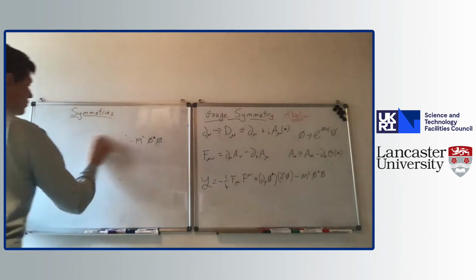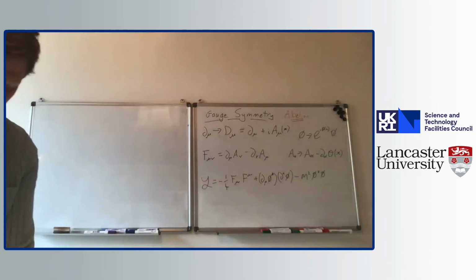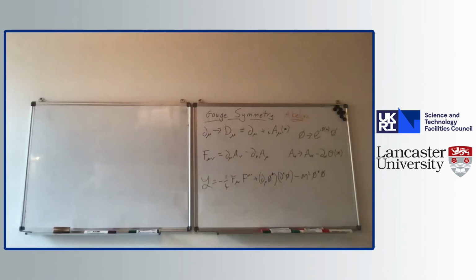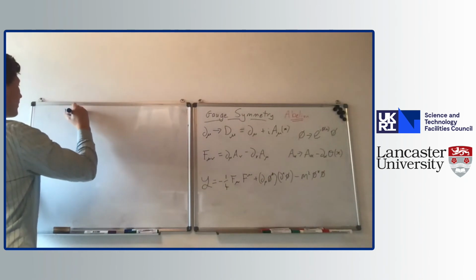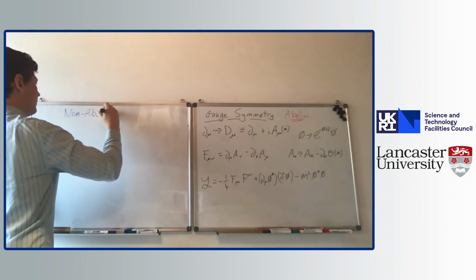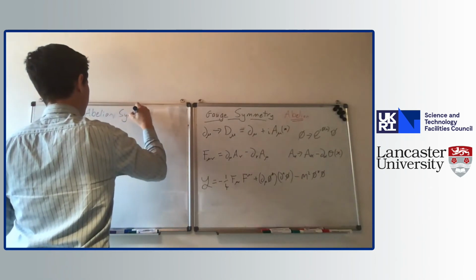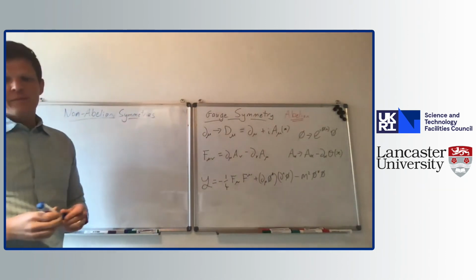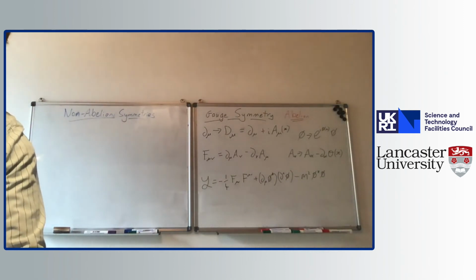But there are also non-abelian symmetries. So I'll change color for this. There are non-abelian symmetries. And in the case of a non-abelian symmetry, it really does matter what order you do things in. Okay.